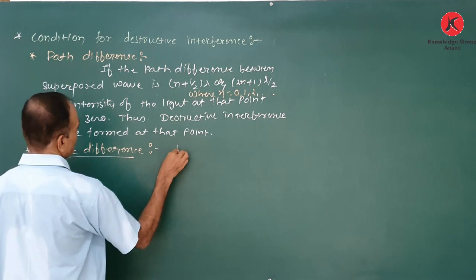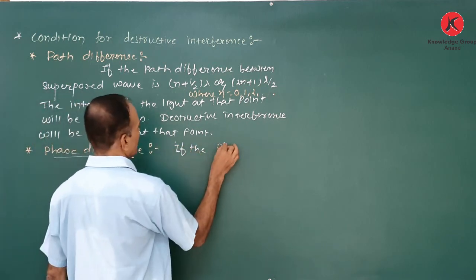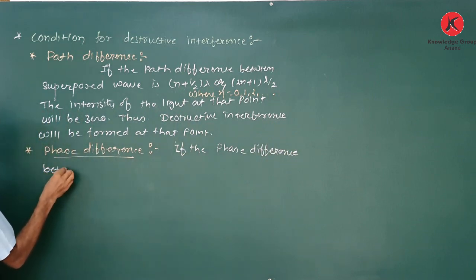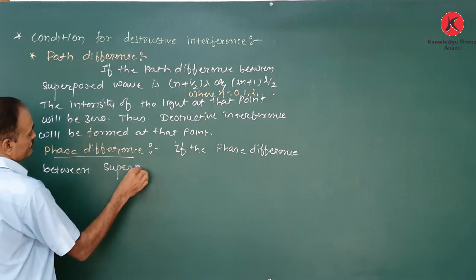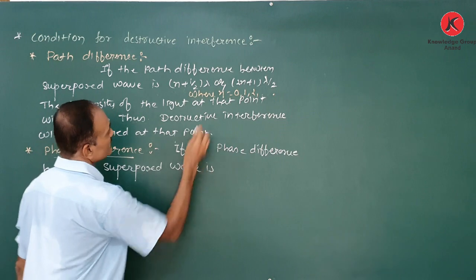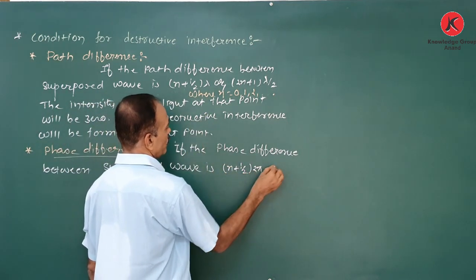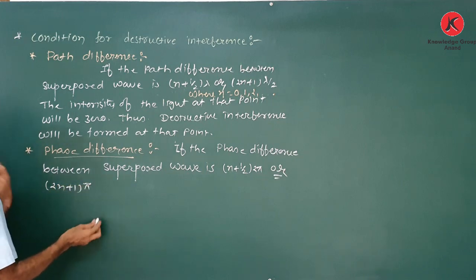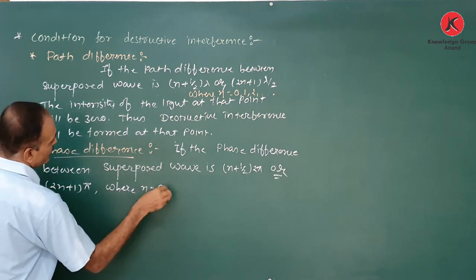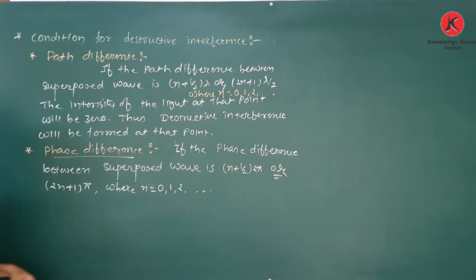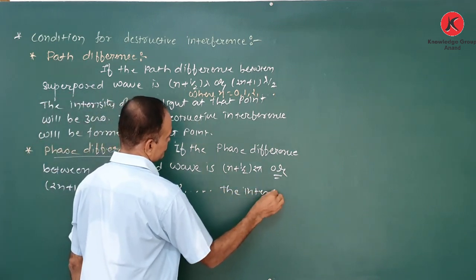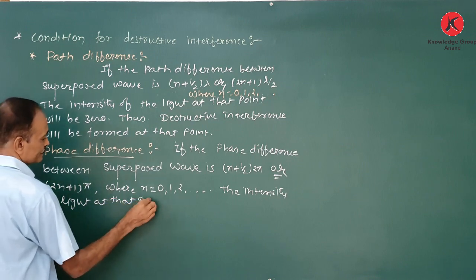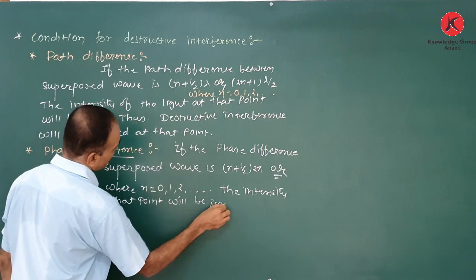Therefore, if the phase difference between the superposed waves is n plus 1 by 2 into 2 pi, or 2n plus 1 into pi, where n is equal to 0, 1, 2 and so on, the intensity of light at that point will be 0 or the minimum.